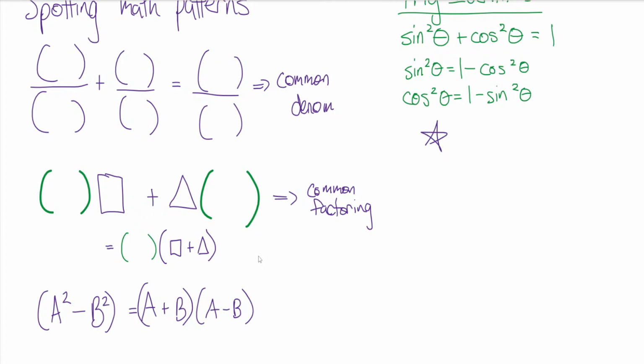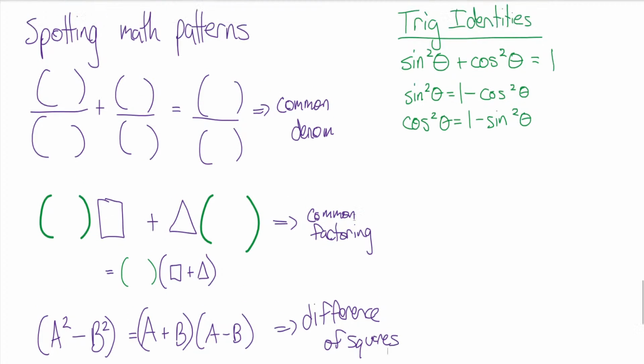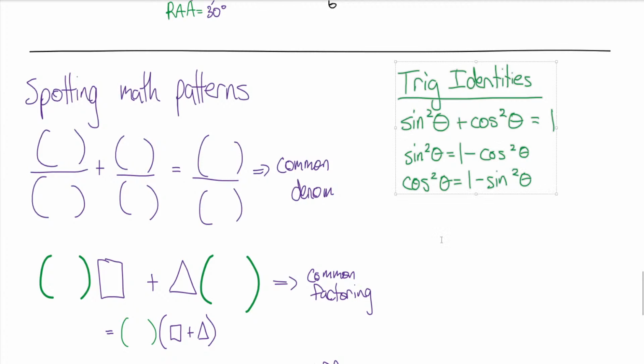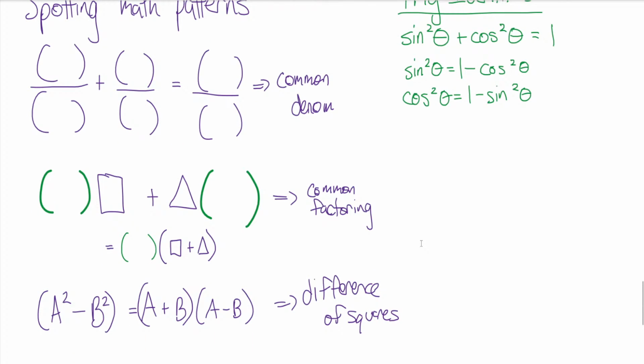And then look, this is a difference of squares. This is a difference of squares, right? So we end up seeing this a lot, okay? Difference of squares. If you can hang on to these three patterns and you know this trig identity, then you're in good shape to tackle anything, okay?